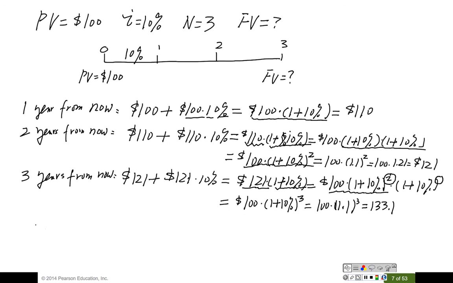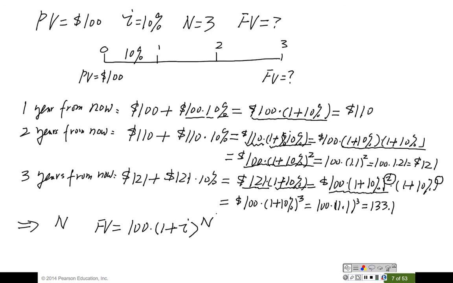So now we try to derive the general equation. If the number of years n is any number, can we figure out the future value? Yes, we can calculate future value as 100 multiplied by 1 plus whatever interest rate is given in the question, to the power of the number of years.